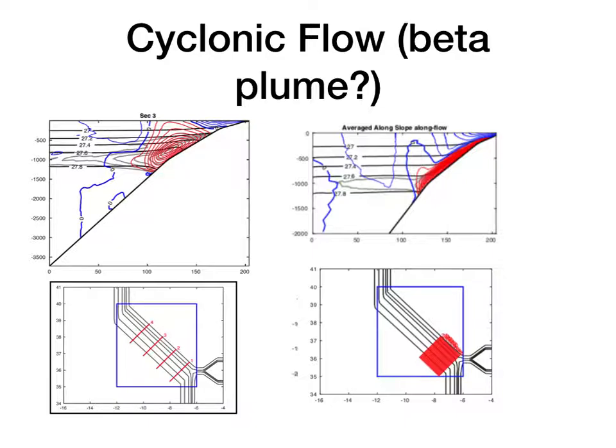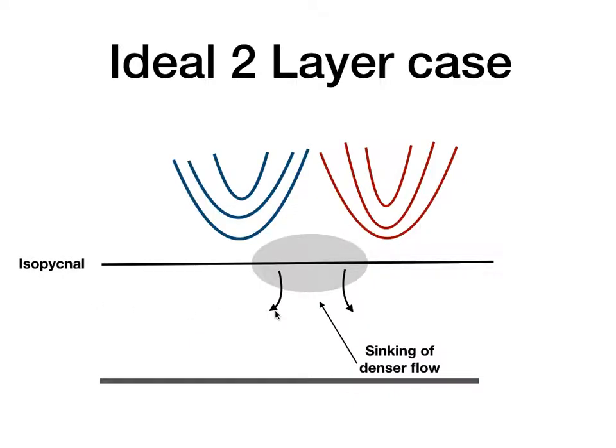So I've tried to do this very simple thing, maybe even a bit naive, but at least it helps us with this interpretation of what I call the asymmetric plume behavior.